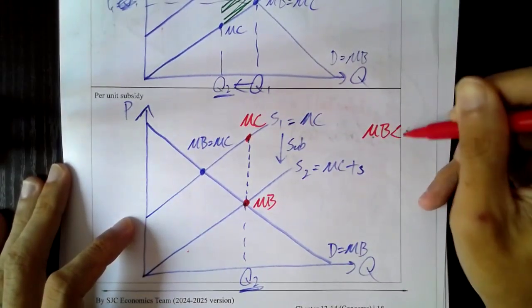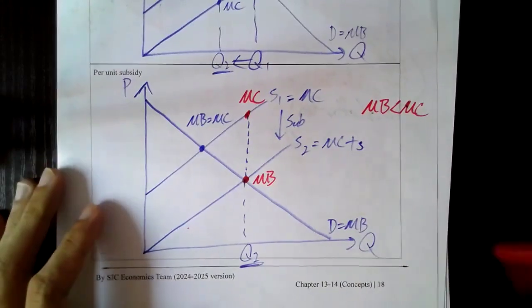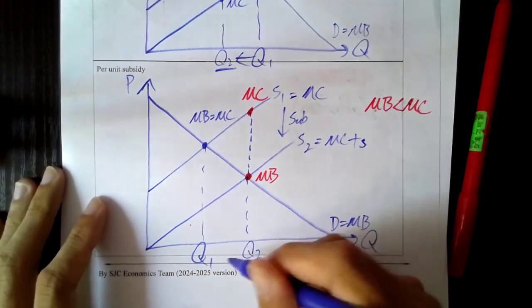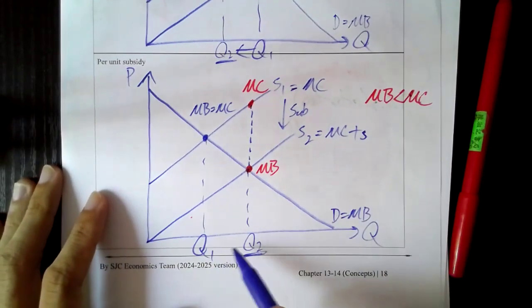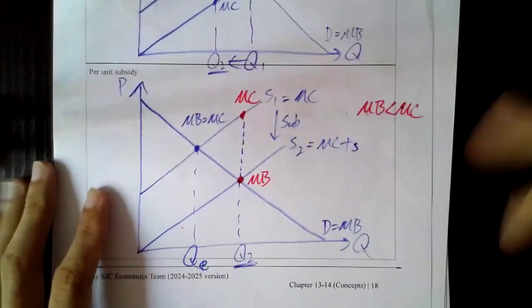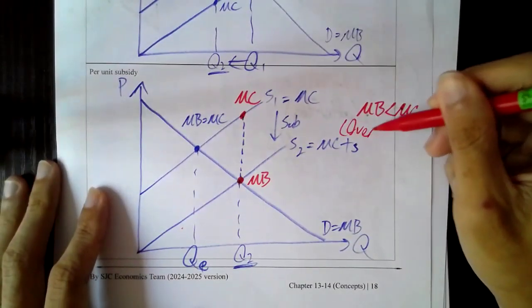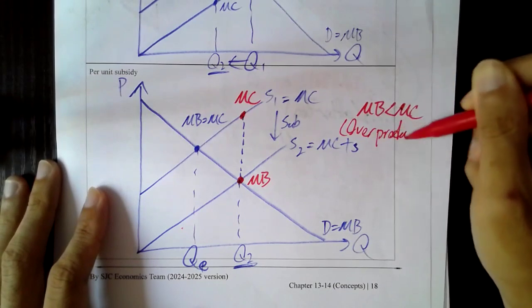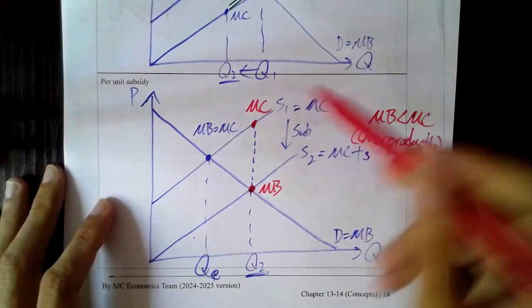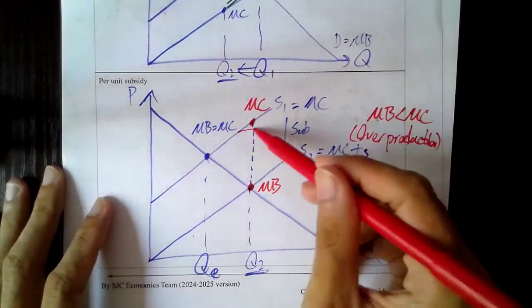MB is actually smaller than MC, and somehow we ended up above, okay? We ended up above the efficient quantity, okay? We have a name for this one. We call it overproduction, okay? 原來會做太多 okay? 好嘛 So the area, MB, MC, MB equals to MC.